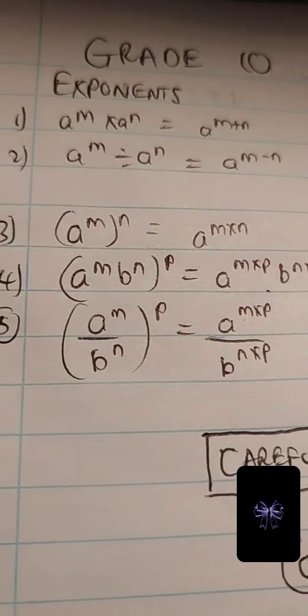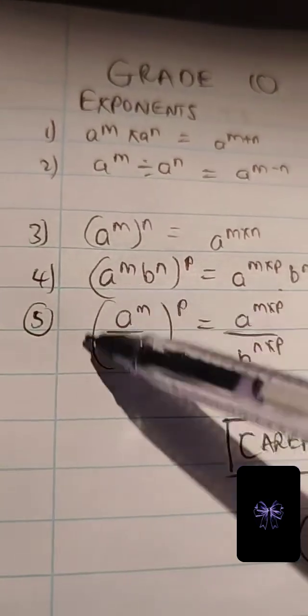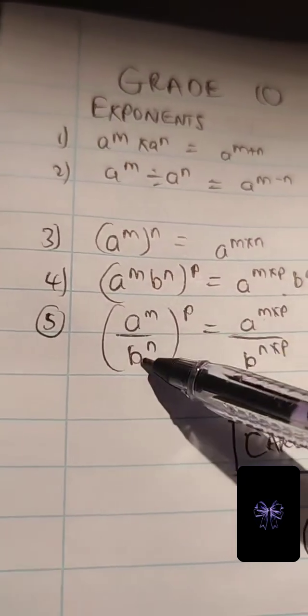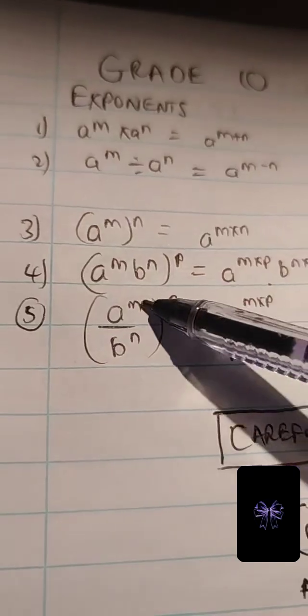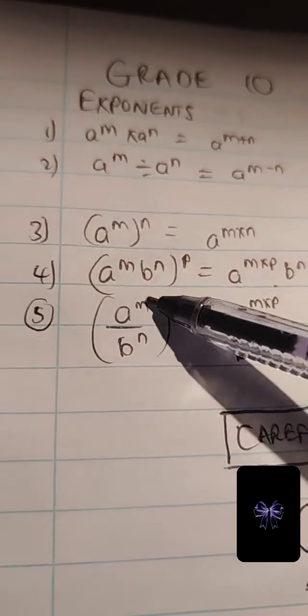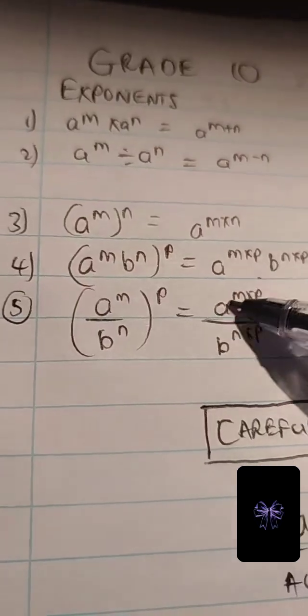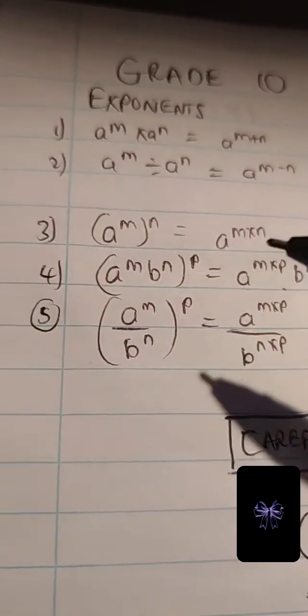Cool. Then with division as well, if inside the bracket the relationship between the bases is division, you can distribute the exponent by multiplying it with each respective exponent for each respective base. So it's a to the power m times p over b to the power n times p.